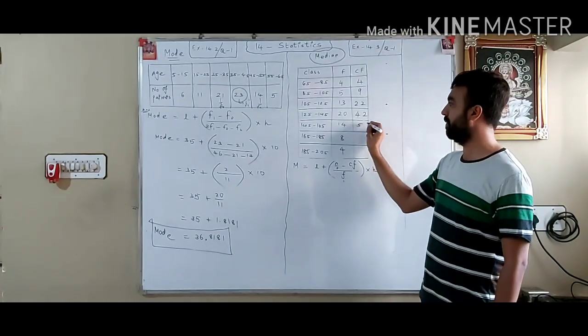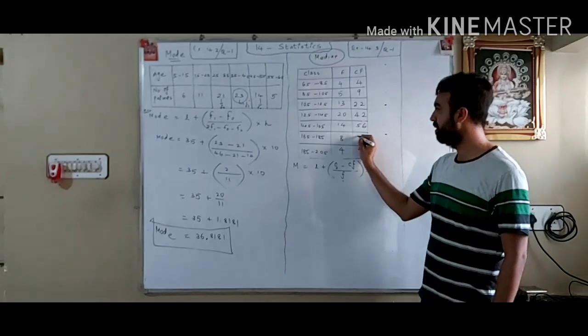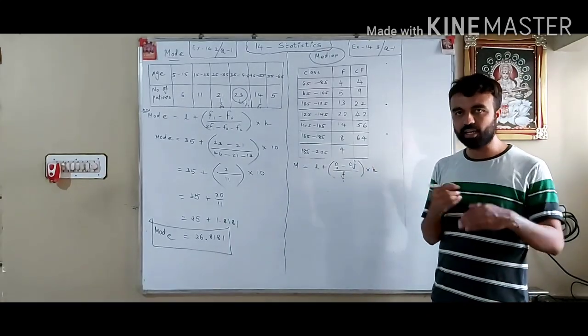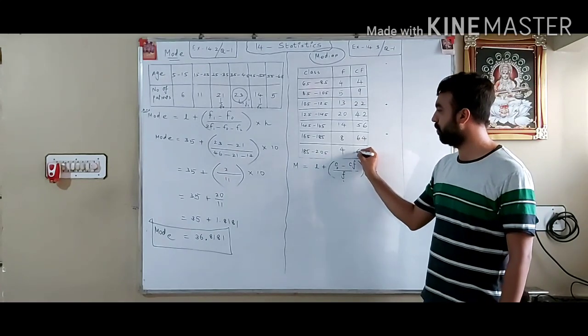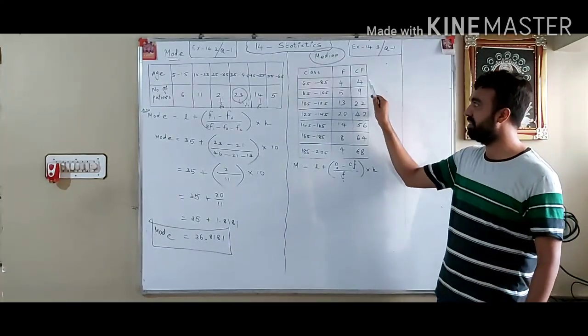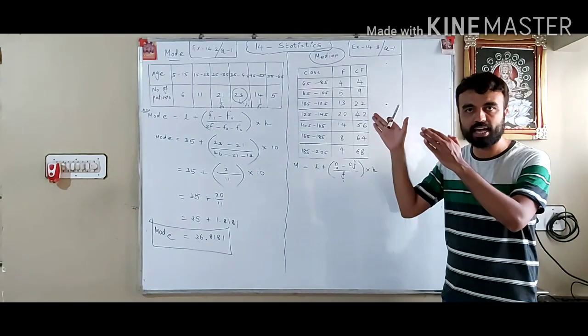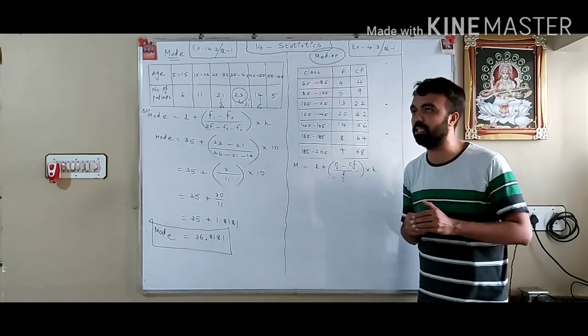So it will be 56. Again cross addition. 56 plus 8. So 64. Again cross addition. 64 plus 4. 68. Very simple one. First number as it is, then cross addition. Every time you need to perform the cross addition.